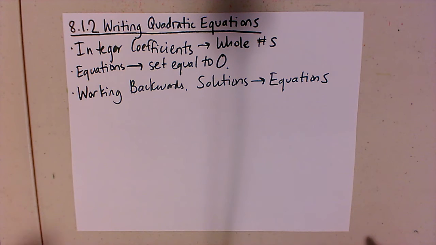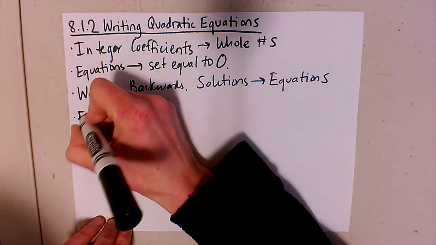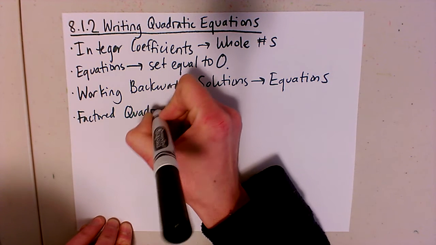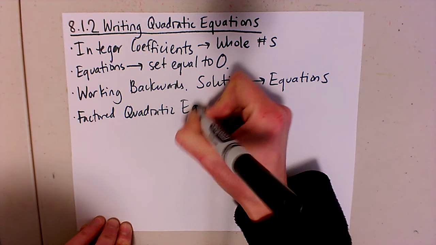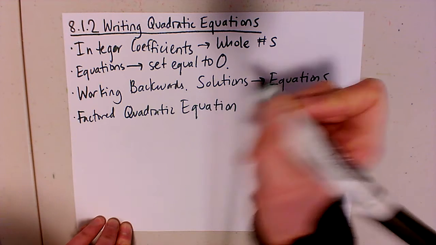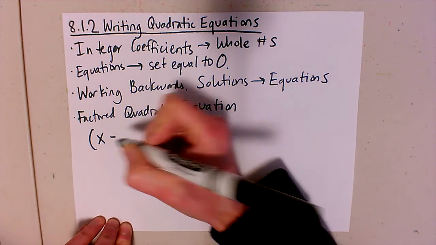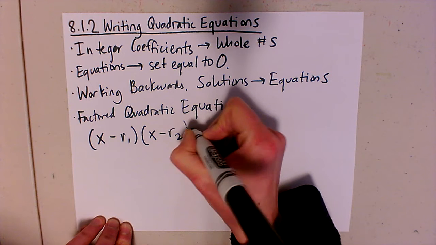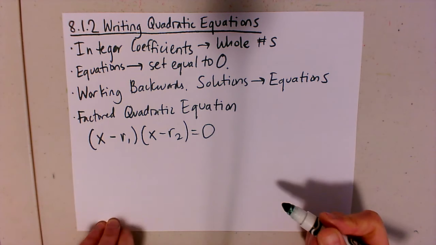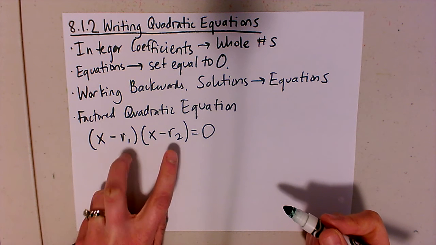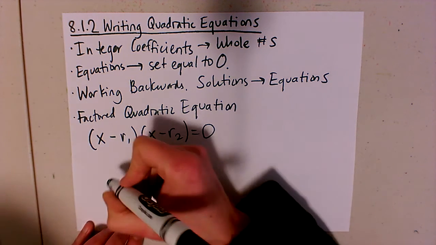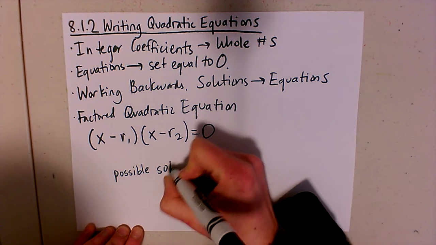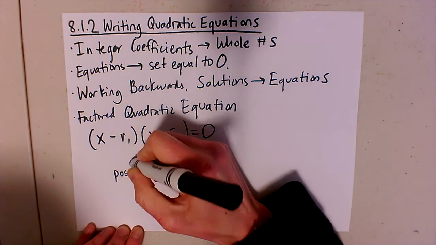So, a factored quadratic equation, under your first heading right there on the handout, looks like x minus r sub 1 times x minus r sub 2 equals 0. And so this r sub 1 and this r sub 2 stand for your possible solutions. These were the numbers that you were solving for on last night's homework assignment.